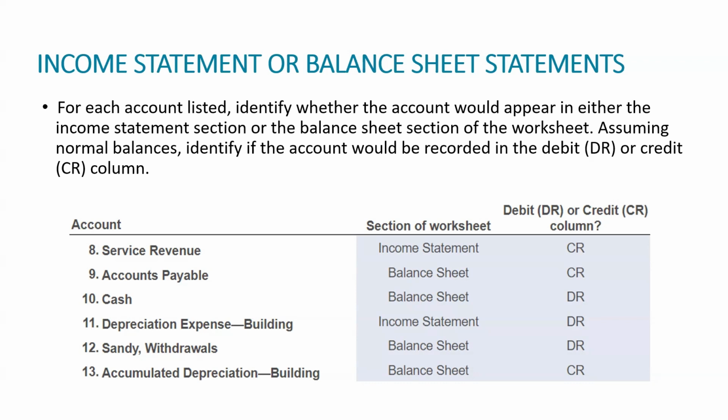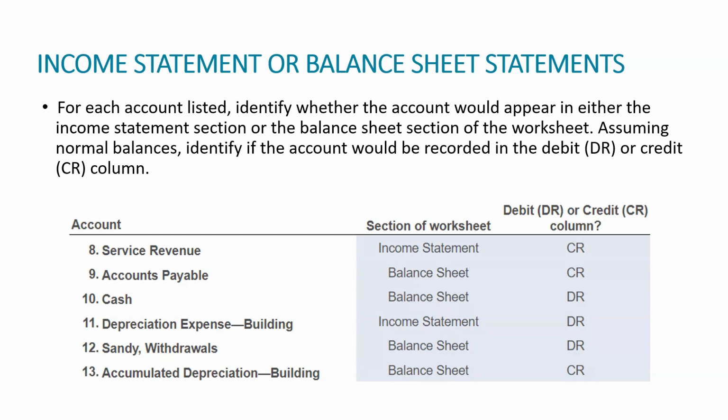The cash account shows up in the balance sheet also, but you know cash is identified as a debit. The depreciation expense, building account will show up in the income statement section of the worksheet, and it shows as a debit.